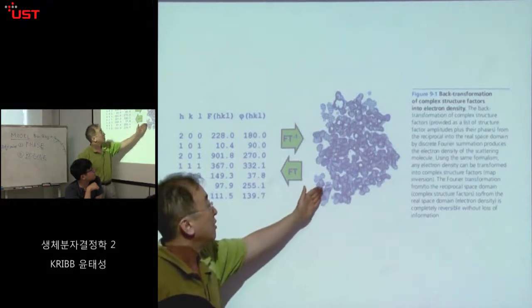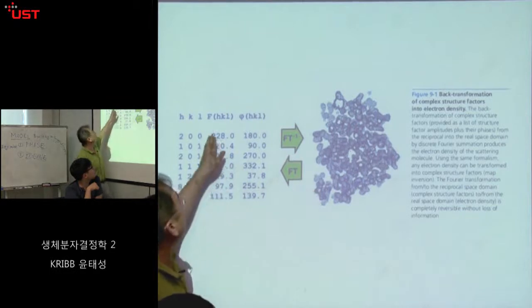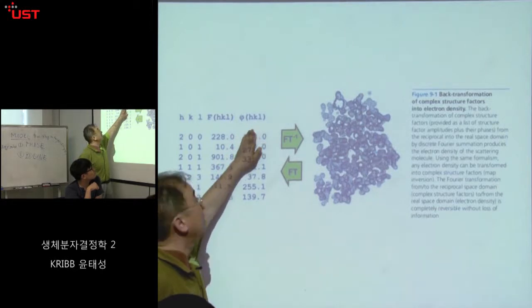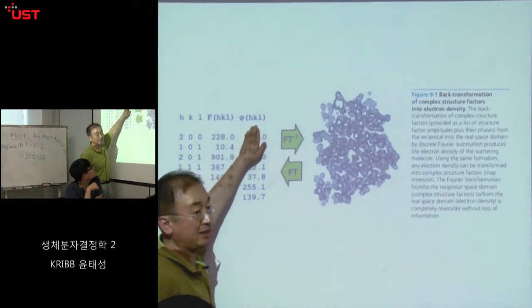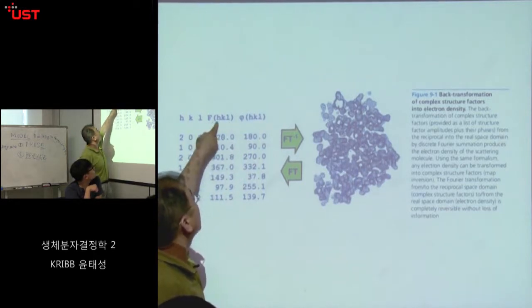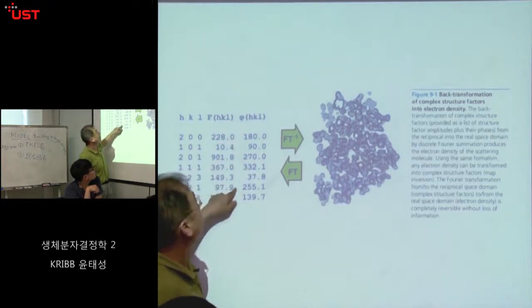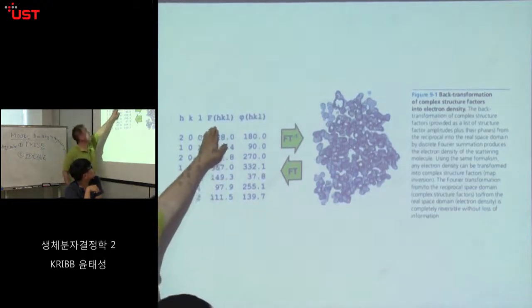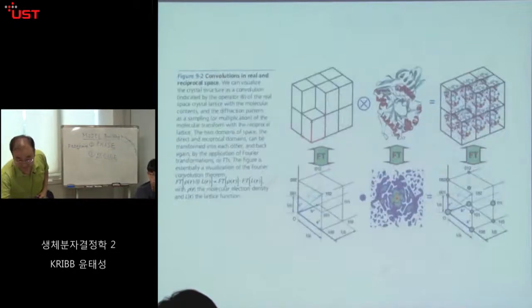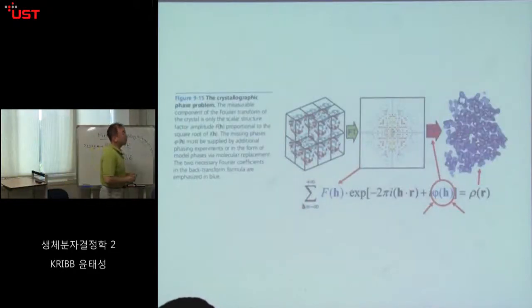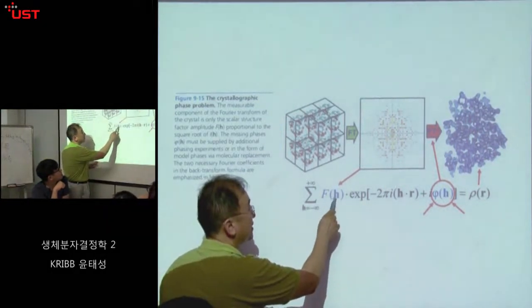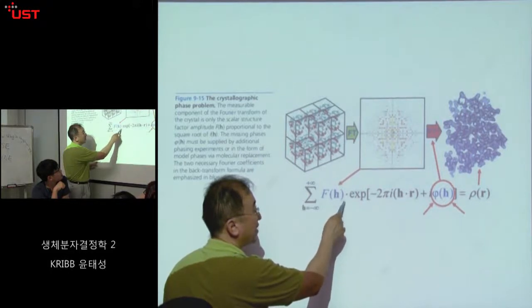So, without knowing any position, once we have FHKL and phi HKL, I would like to say phi HKL, phase angle for structure factor at HKL. FHKL here, magnitude of F. Okay? So once we have F and phi together, then with the help of this equation, we just need to plug numbers here. Simply, this denotes FHKL. H stands for HKL triplet.